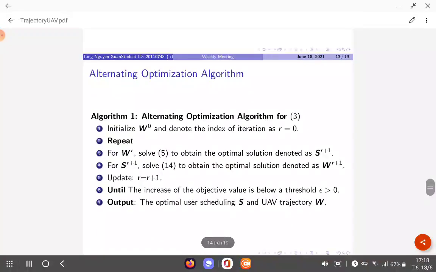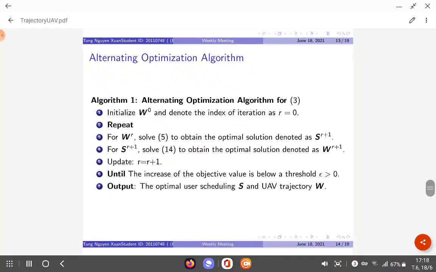So I will solve with the alternating optimization algorithm. At first, I will initialize the trajectory and set the iteration index equal to 0. Then I will repeat: solve the time slot given the trajectory from the previous iteration, and then find the optimal trajectory given the time slot.